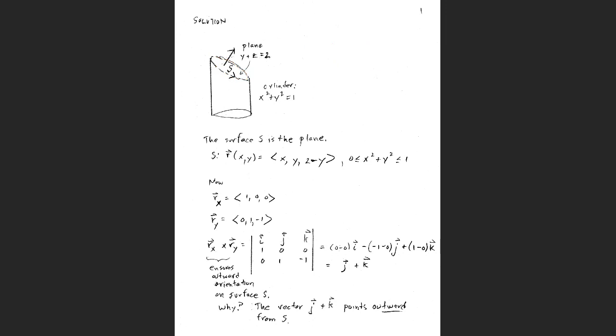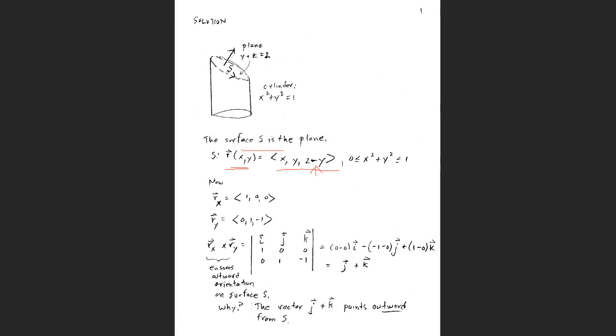And the formula that I use, formula 9, the key formula in section 13.6, requires me to parameterize my surface. Well, the surface S is the plane, and the parameterization of that plane, r as a vector function of parameters x and y, would be right here. So, of course, z equals 2 minus y. z has no choice, and then x and y are free.